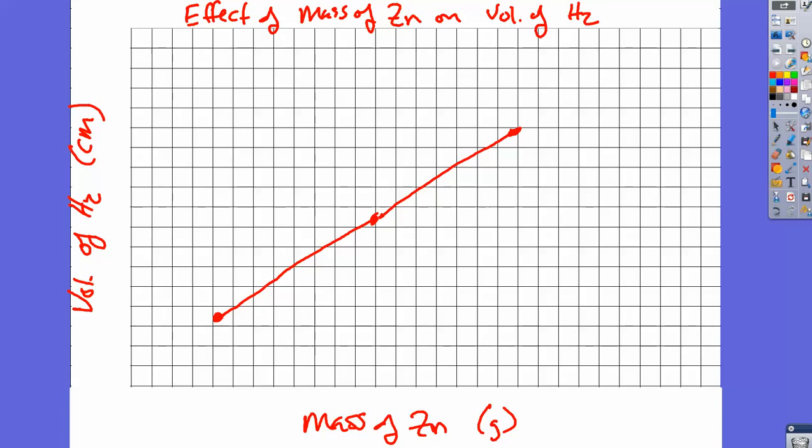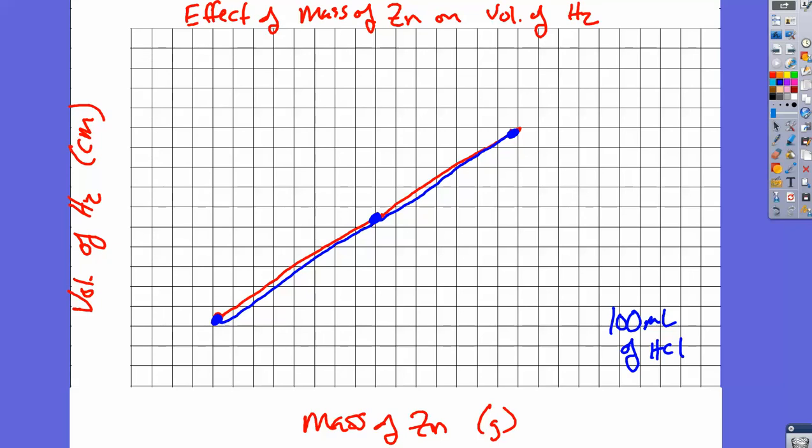Now, if you think about this particular experiment, the second experiment, you always had 100 milliliters of hydrochloric acid used. So you had lots of hydrochloric acid. And so when we only had 3 grams of zinc here, we got a small balloon and we had hydrochloric acid left over. And then when we had 5 grams of zinc, we had a bigger balloon, and we still had hydrochloric acid left over.